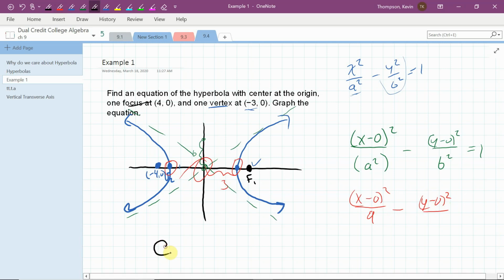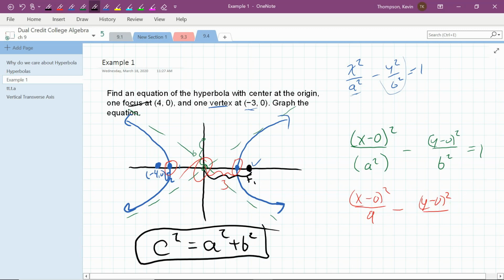Well, I just wrote this: c squared, which must be the biggest, is the same thing as a squared plus b squared. Again, these are all built upon the Pythagorean theorem. You just have to remember which one's the biggest. In the ellipse, a is bigger, so it's a squared equals, and in the hyperbola, c is the biggest, so it's c squared equals. For us, a squared is 9 and c squared is 16. c is the distance from the center to the focus; the focus is at (4, 0) and the center is at (0, 0).